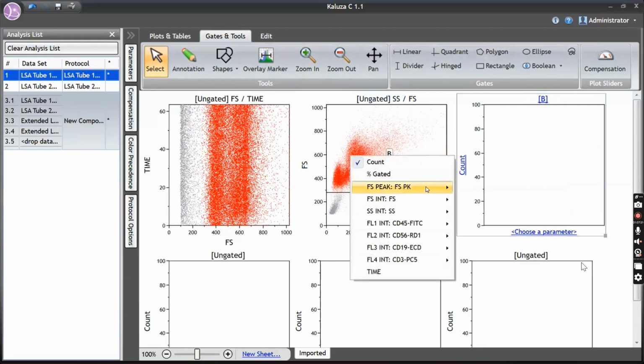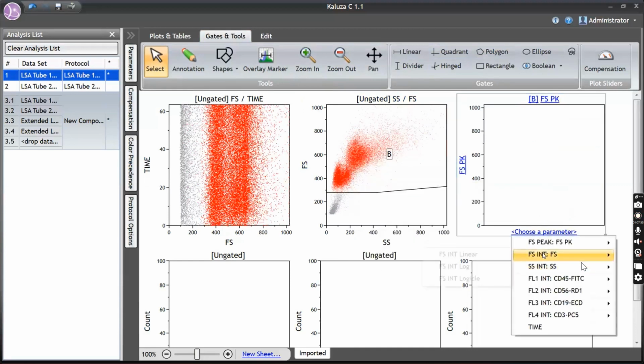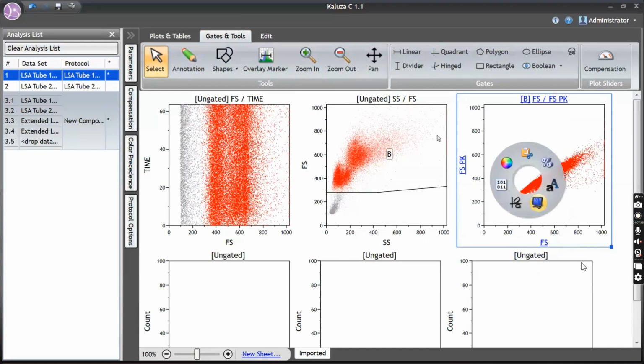Singlet plot. Forward scatter peak versus forward scatter area. I repeat, peak is otherwise called height, and integral is otherwise called area. So I'm just getting the singlets, excluding the doublets.